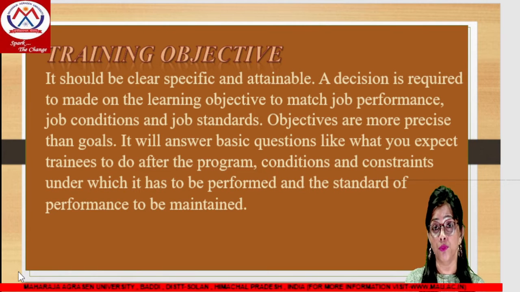Objectives are more precise than goals. It will answer the basic question, like what do you expect from trainees to do after the program, the conditions and constraints under which it has to be performed, and the standard of performance that should be maintained in the training program.